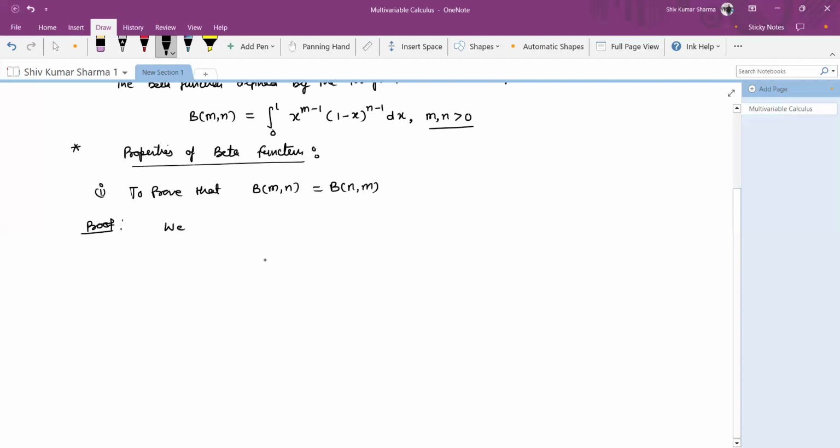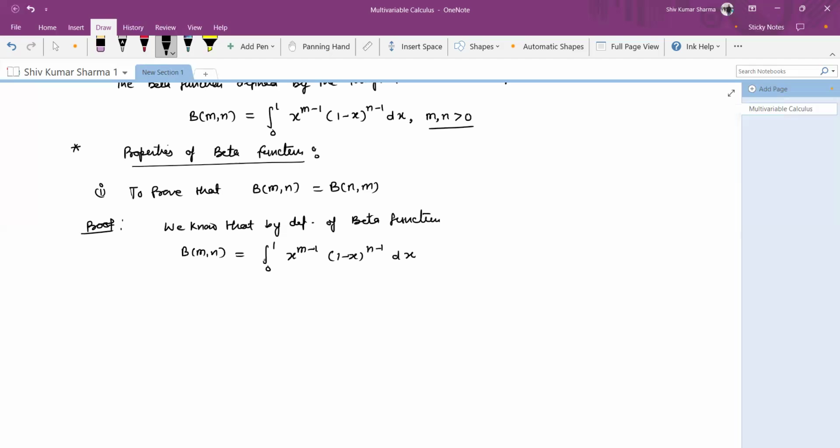So we know that by definition of beta function, beta mn is equal to integral 0 to 1 x raised to the power m minus 1 times (1 minus x) raised to the power n minus 1 into dx. Okay.